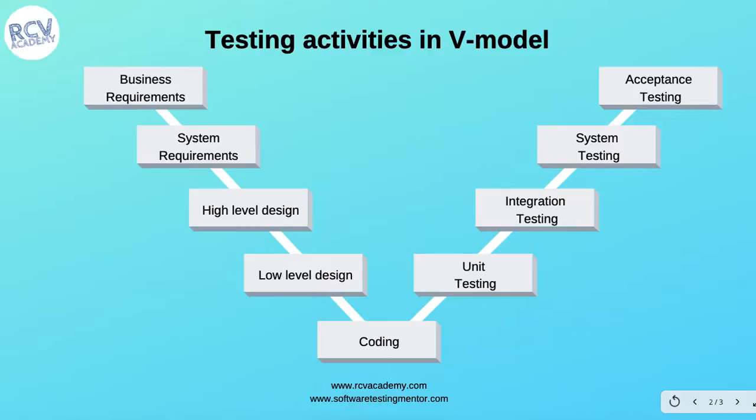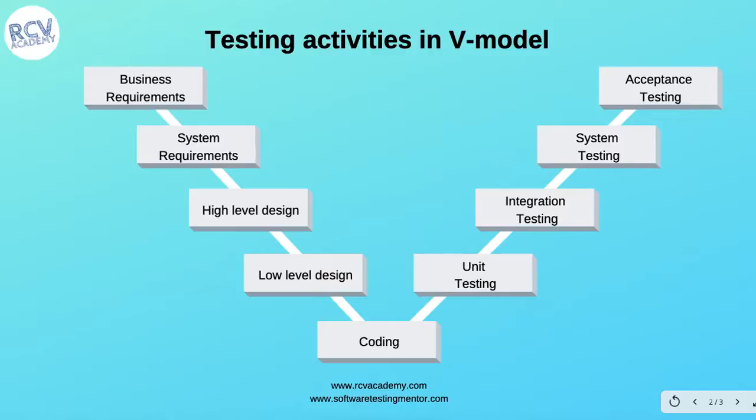The reason for the delay was that even though testing was involved in each of these phases, they were mostly doing the test preparation work. When the business requirements were being gathered, they were writing the acceptance testing scenarios. Similarly, in the other phases, they mostly wrote test cases, and there was a long phase of coding in the V model.